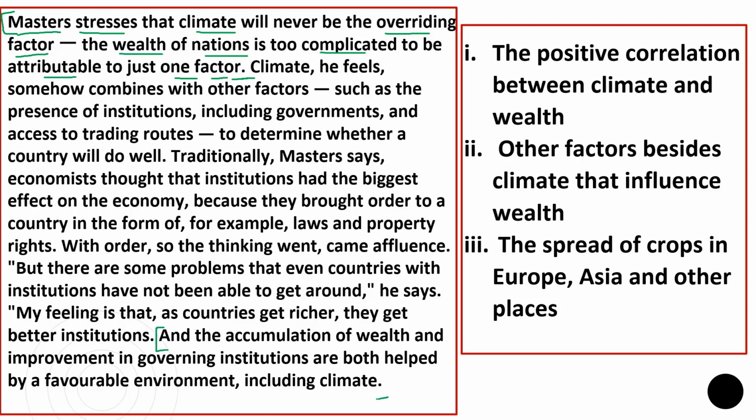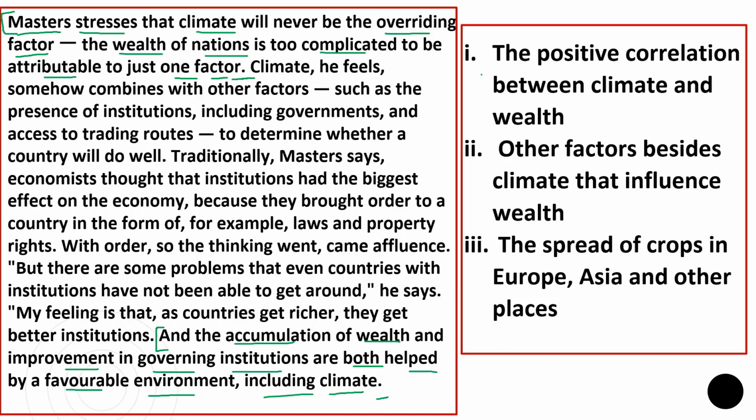And the accumulation of wealth and improvement in governing institutions are both helped by a favorable environment, including climate. The keywords are accumulation, wealth, improvement, governing, institutions, both, helped, favorable, environment, including climate. Now let's move to the headings and read them and underline the keywords as well.